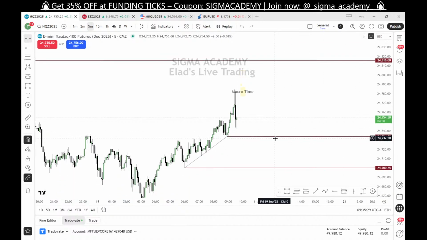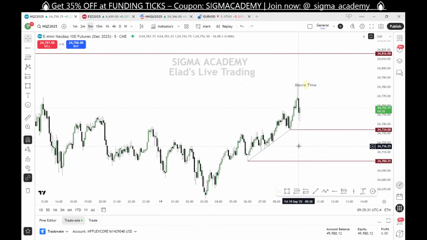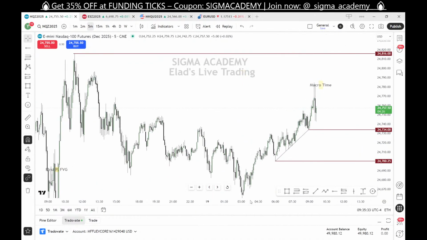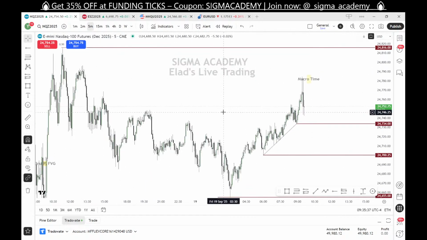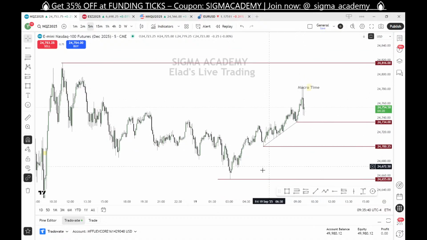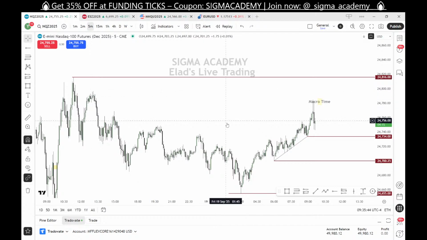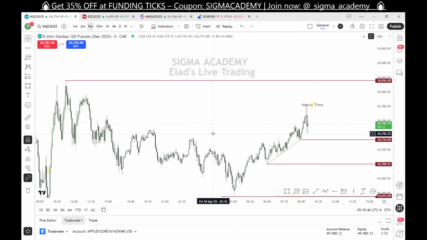If I think to myself where the market is heading, see it as a map. Okay, we have magnets in some points. This is a big magnet, and this one is also. Where should the market drive to?